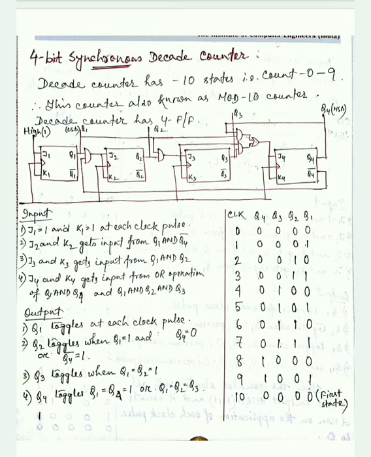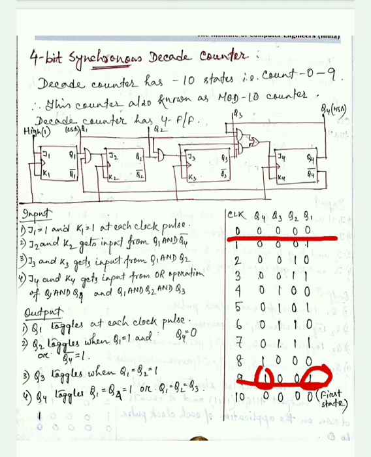Again I am saying that in the 9th state, Q2 and Q3 already have value 0, but Q4 and Q1 have value 1.